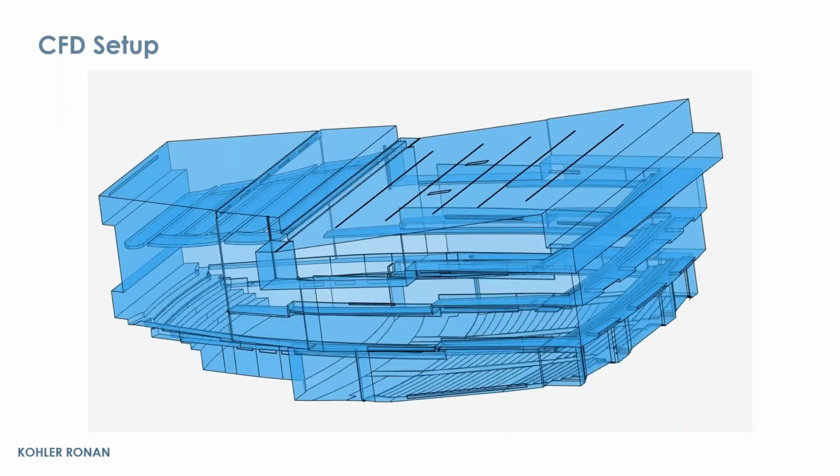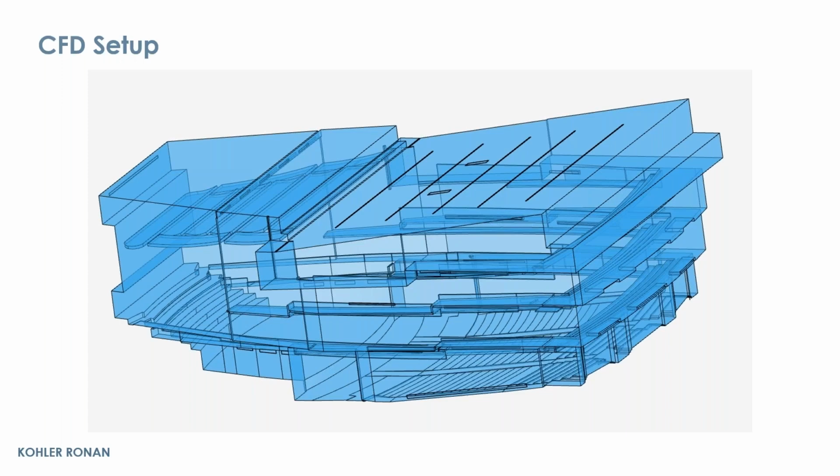So the model looks a little bit like this. If you can see in the middle, there are acoustical baffles, and to the left on top, those curved surfaces. We got the seating in properly. We have the stage and all the audience seating areas. We put in supply diffusers and return diffusers.